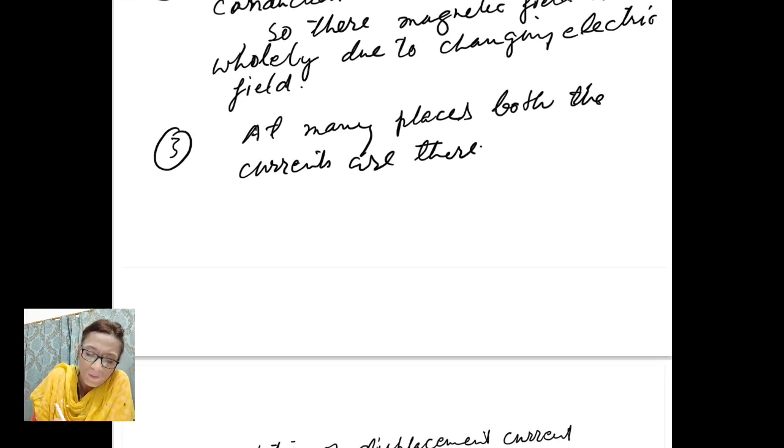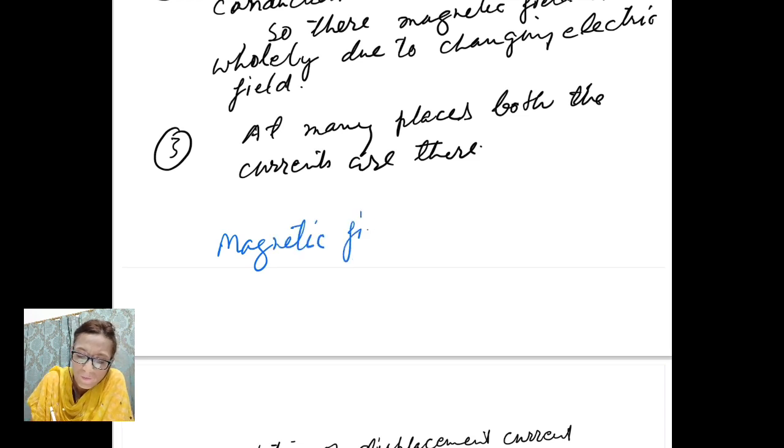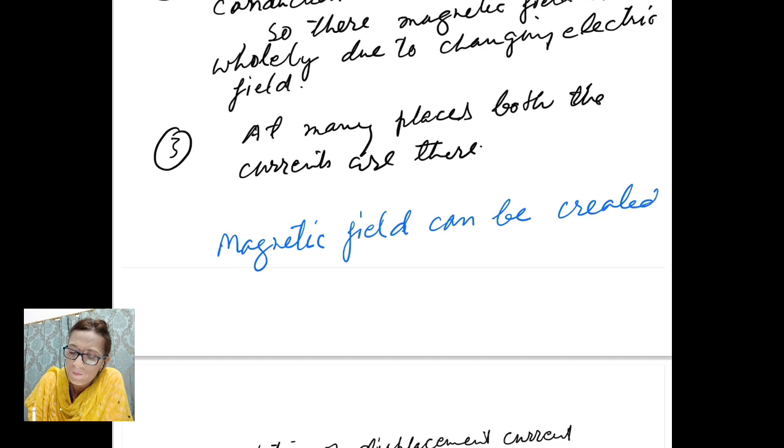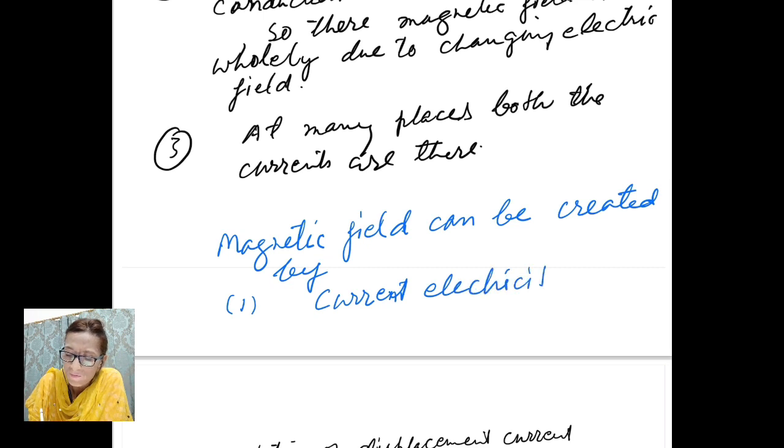Let me write: magnetic field can be created by, number one, current electricity, and number two, changing electric field.